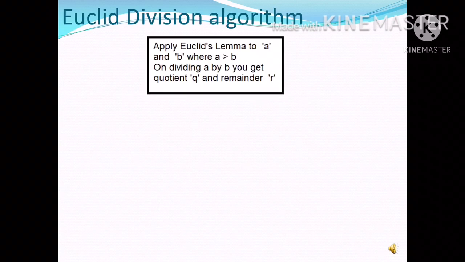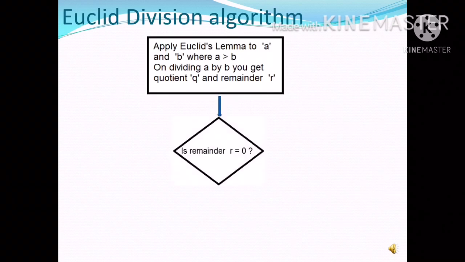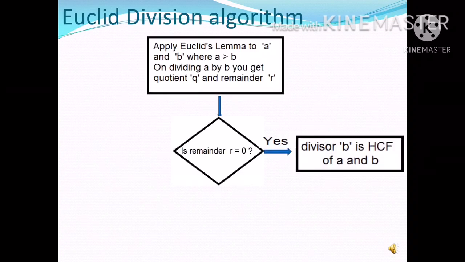That is, we divide the greater number by the smaller to obtain the quotient say q and the remainder r. And we see if the remainder is 0 or not. If the remainder is 0, then the divisor in the previous step, that is b, will be the HCF of a and b. And if the remainder is not 0, what will we do?